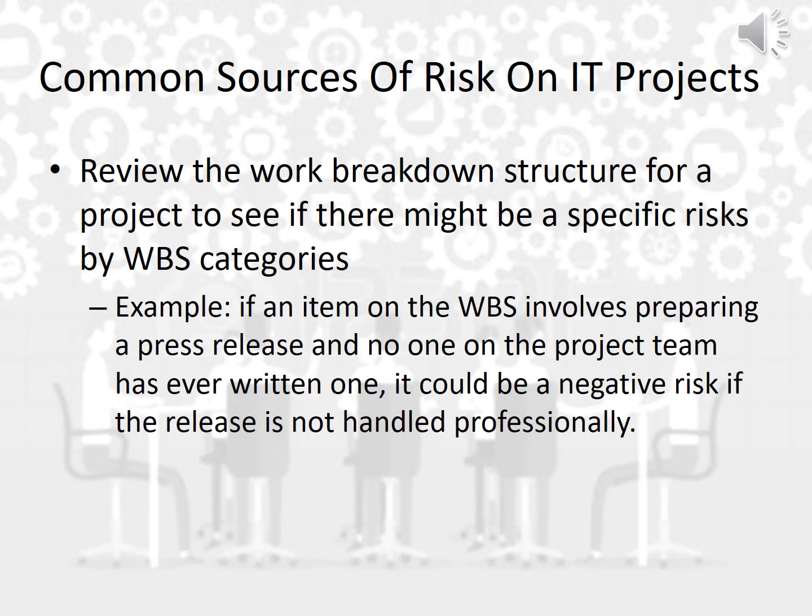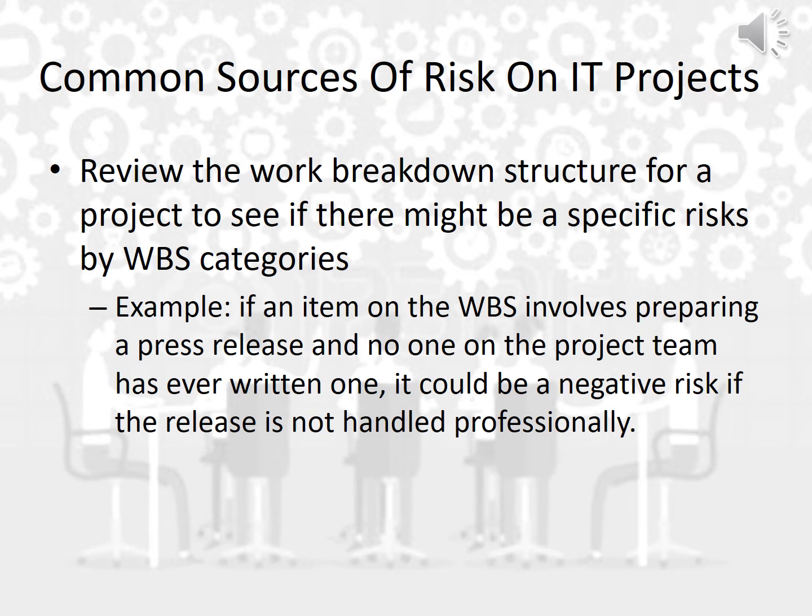We're still continuing with common sources of risk on IT projects. We can use another method to understand the common sources of risk on IT projects. Review the work breakdown structure, the one that we studied before, for a project to see if there might be specific risks by WBS categories. Let's take a general example.